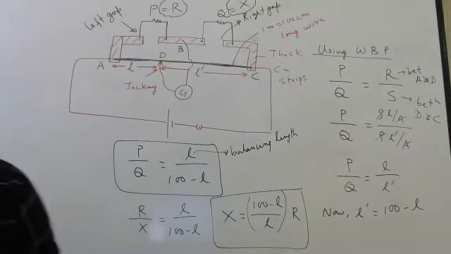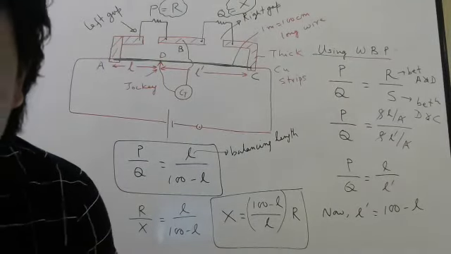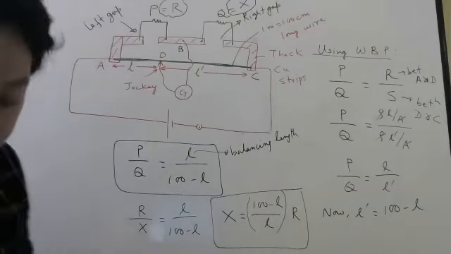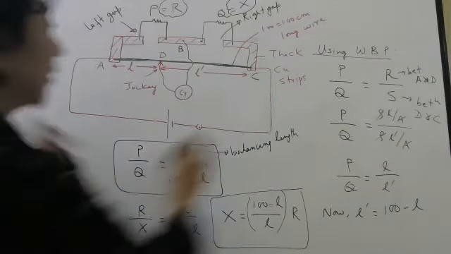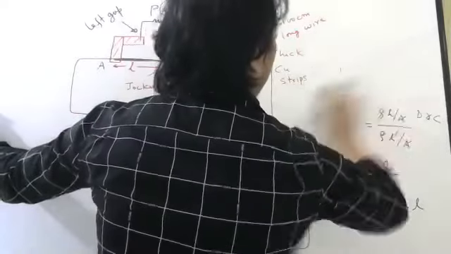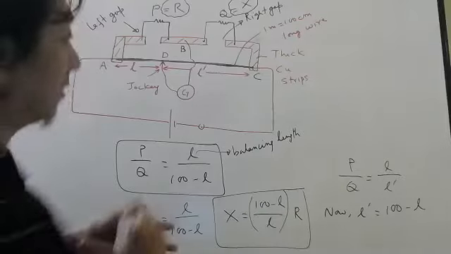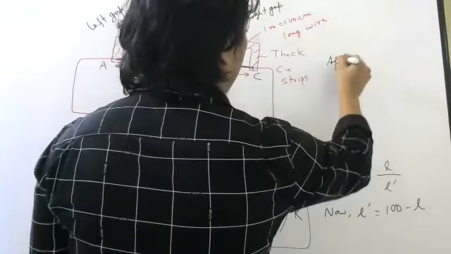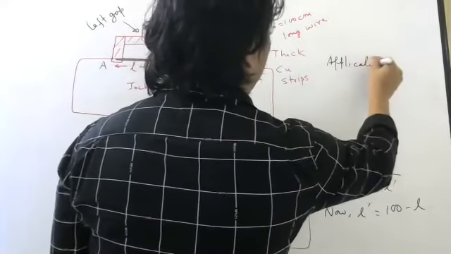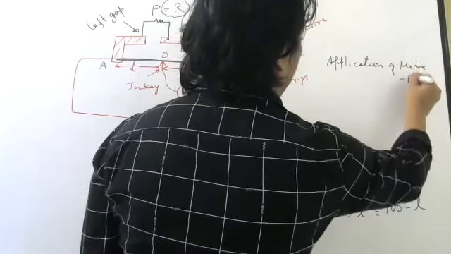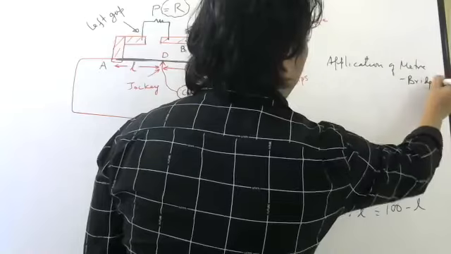So if they ask for 1 mark, what is the application of the meter bridge? Then write the answer. Application of meter bridge. So why is it called a meter bridge again?